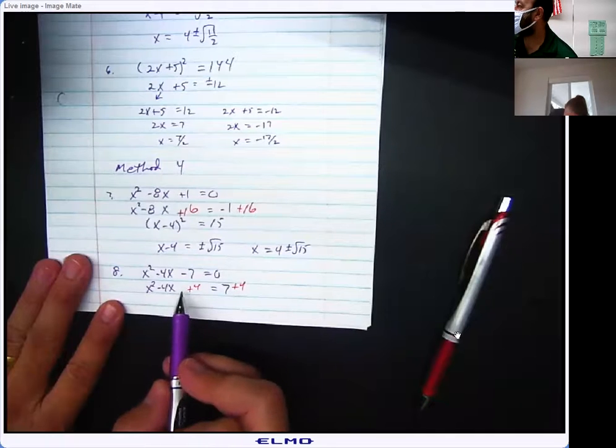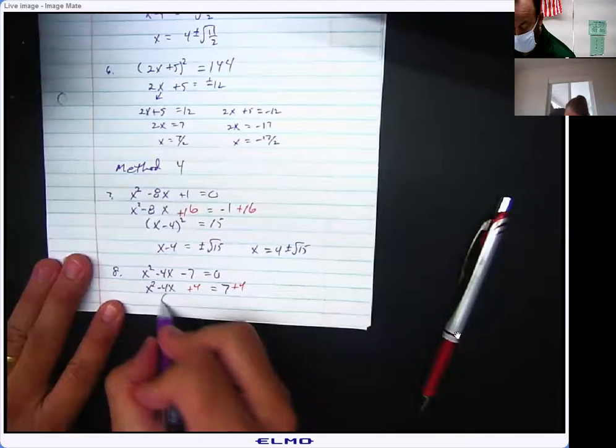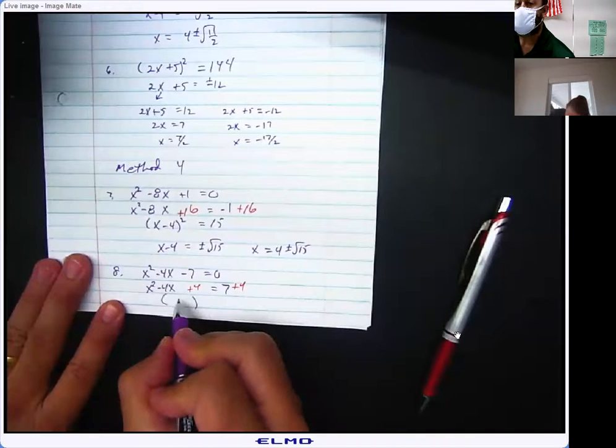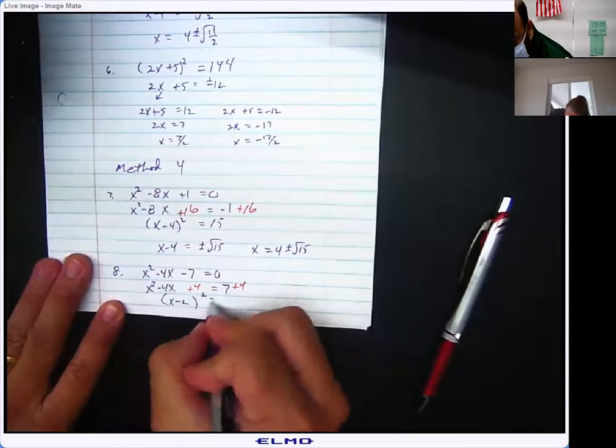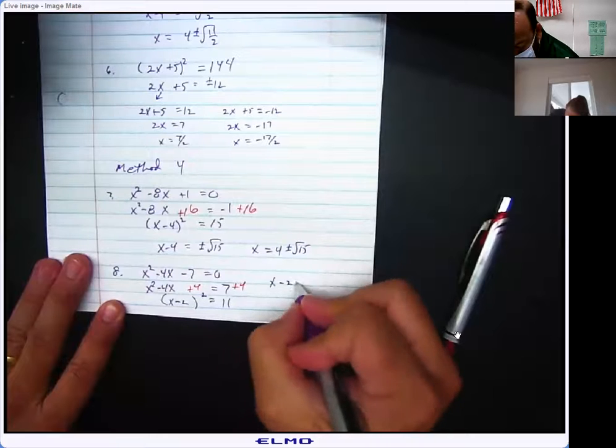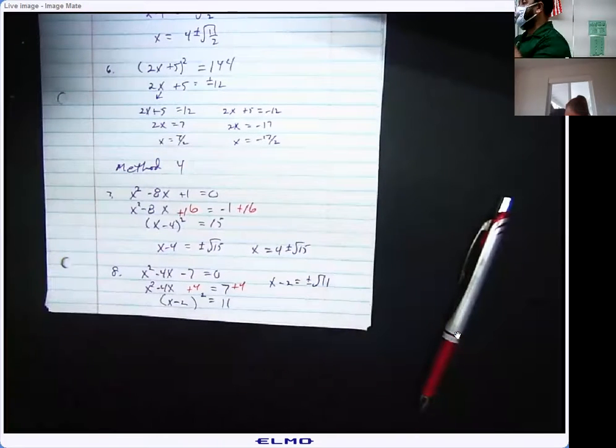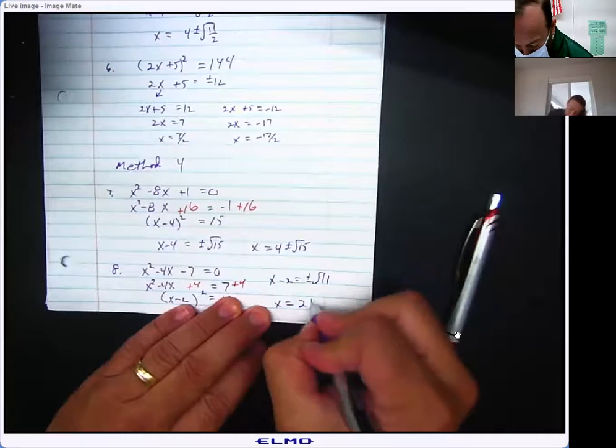What is that? Perfect square being what perfect square? X minus 2. That's equal to 11. Take the square root of both sides, and then the last little piece to actually do is move the term 2. Get that 2 out of there.